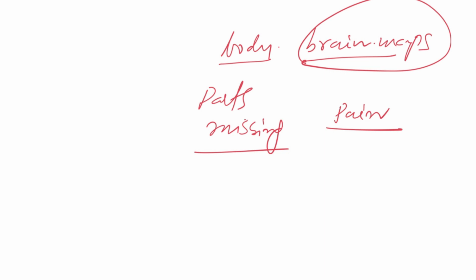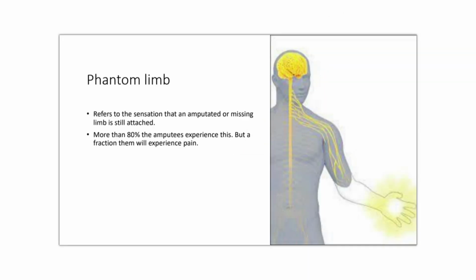So there is a pain in an amputated arm or leg. So what do you do with that pain? Those limbs are called phantom limbs.